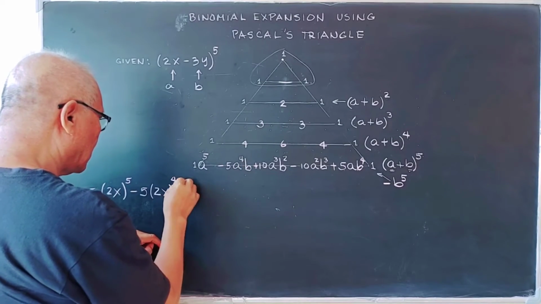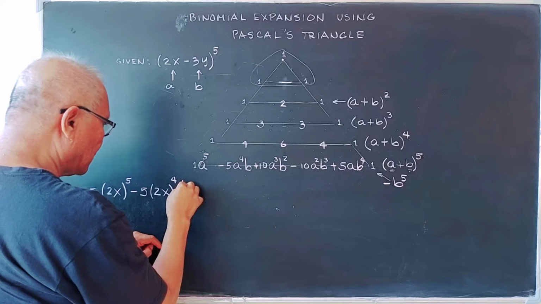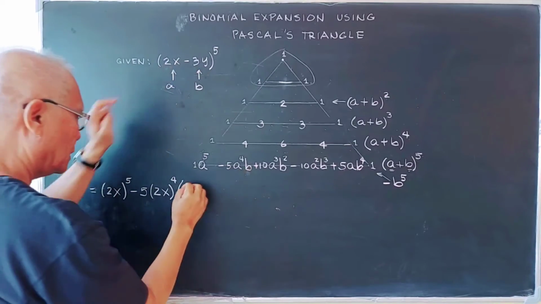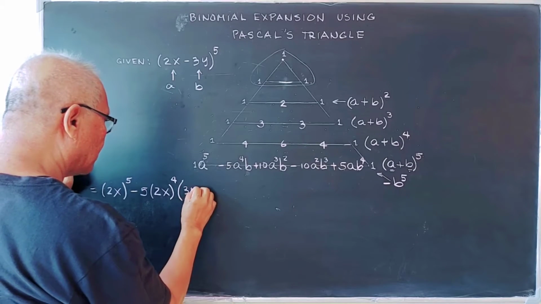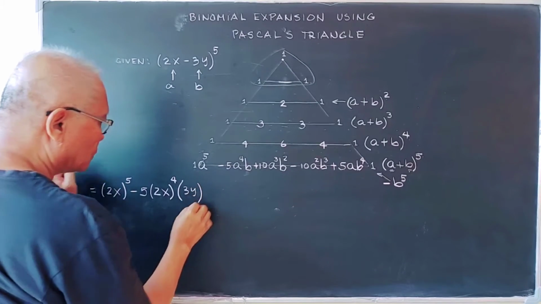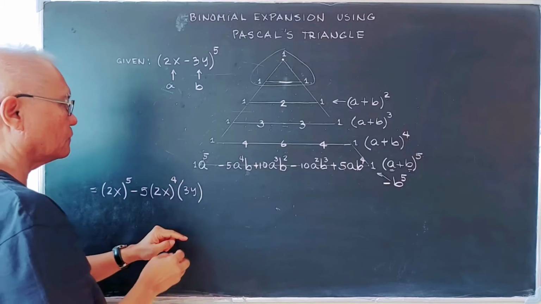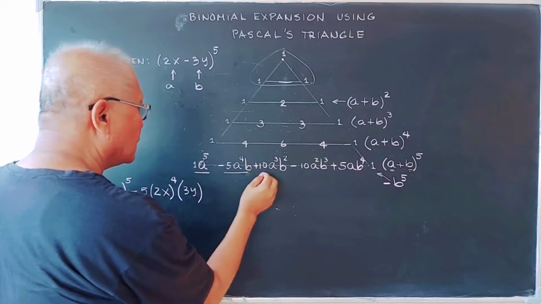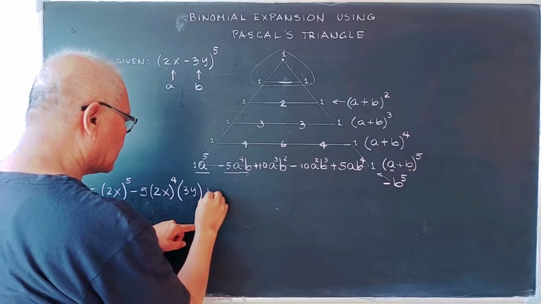Okay. And now we are going to introduce the B. So B is 3y. So we write here 3y. To the first. 1 plus 4. Okay, 5. So we're done with the first one, second one, okay, third one, plus.